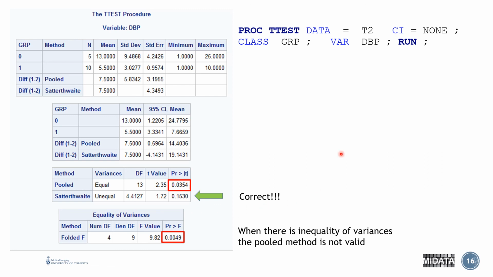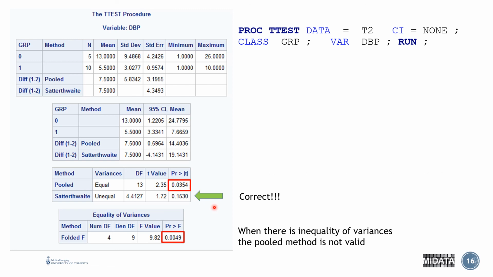Now you might be thinking, hey, could I just always use Satterthwaite? And yes, you could. If you were to use Satterthwaite all the time, you would always get a correct p-value. However, when your variances are equal, Satterthwaite tends to give just a pinch more of a conservative p-value if you were to do thousands and thousands of tests.